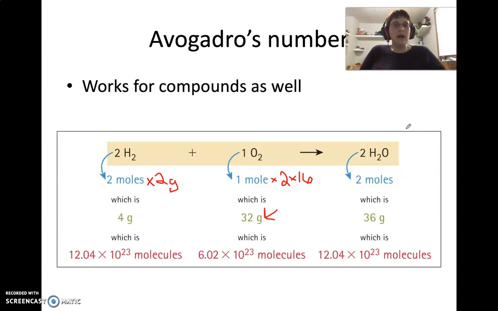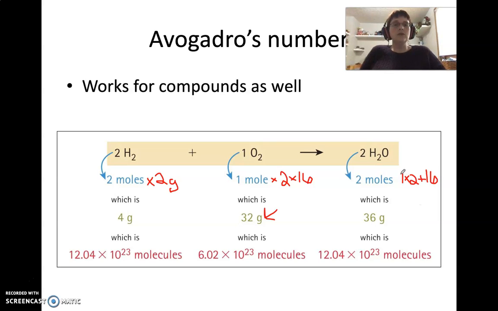Now we can do a compound. So we've got hydrogen, H2, and oxygen to make our water. We know we have 2 moles because we've got a coefficient of 2 in front. So we know hydrogen is 1. We've got 2 of them, so we have to multiply it by 2. And then we have to add 16.